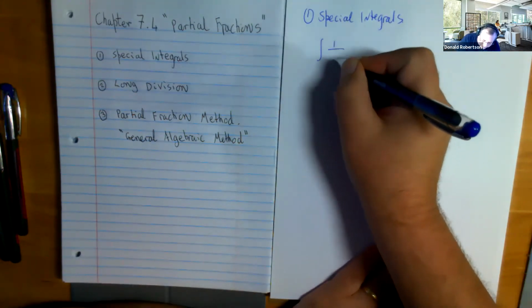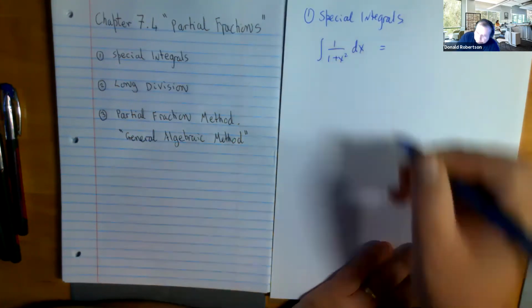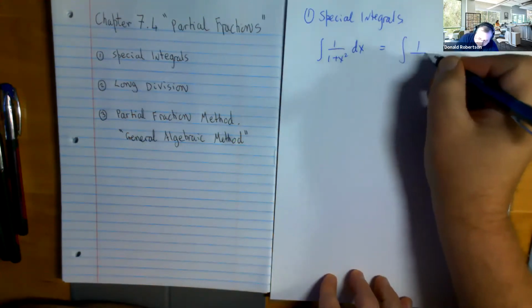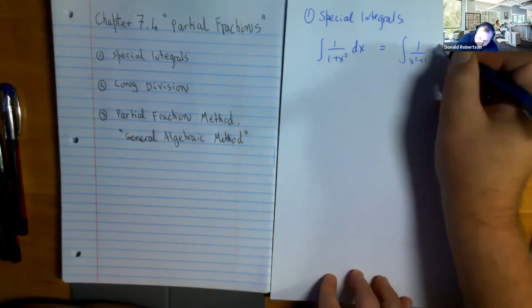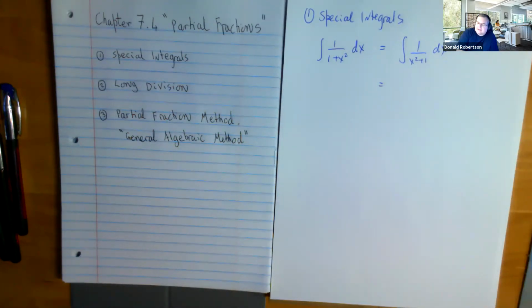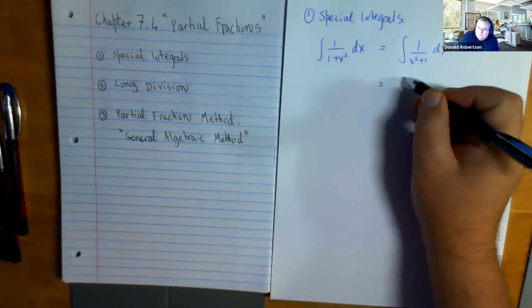So let's start with a guy that you should know. Isn't he one of our standard integrals? Sometimes I write it as x squared plus 1, you know it's the same thing, right? What is that guy? What's the antiderivative of that fella? Tangent inverse.